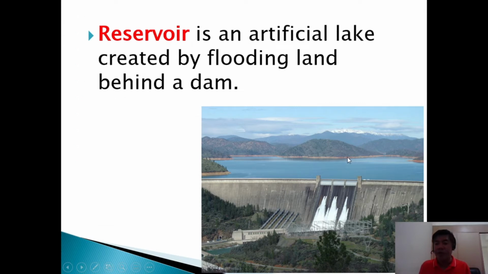For the reservoir that it will create, for example in this picture, this is your dam and you have there the reservoir. If you can see, it is a large area. If you are going to compute the volume, you will need the total area of this. As a designer, you are going to design the height of the water in this dam, which is the flooding height.